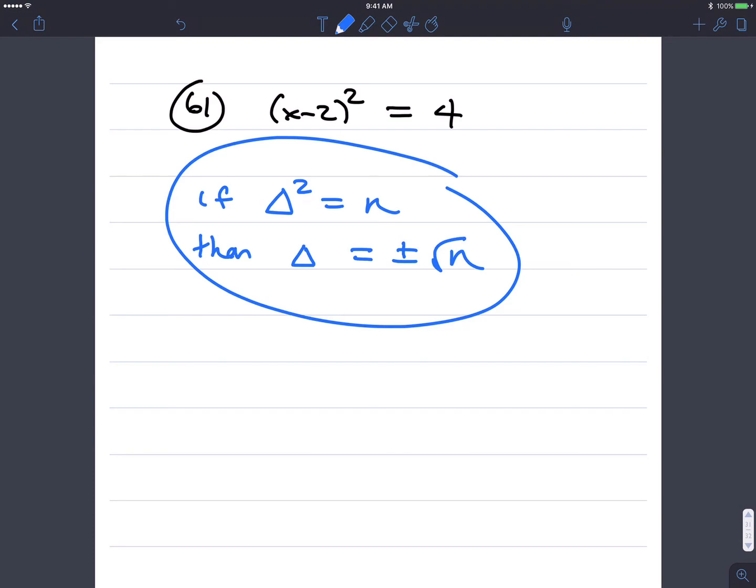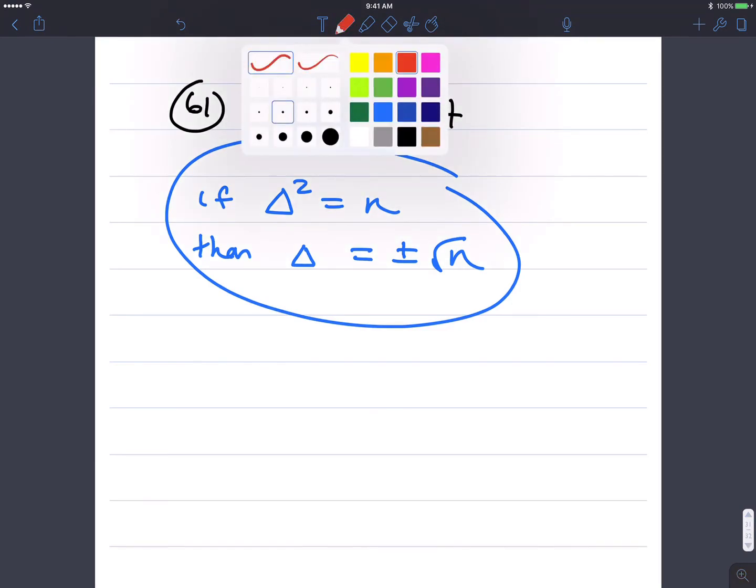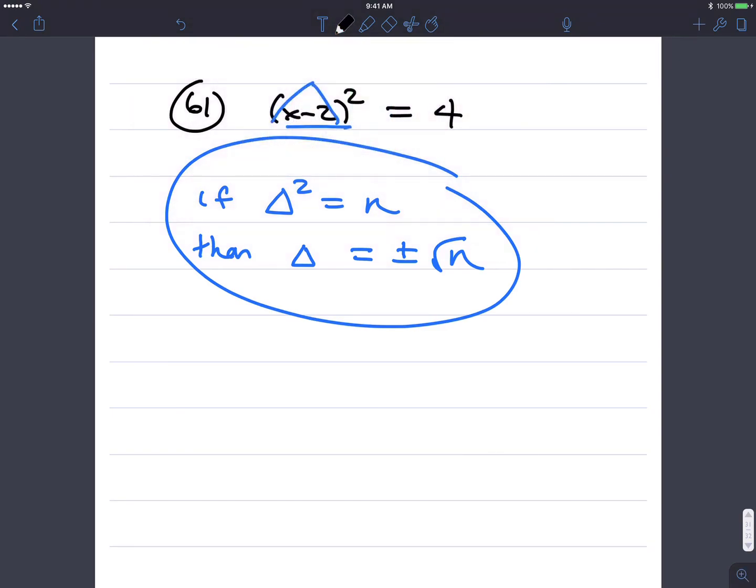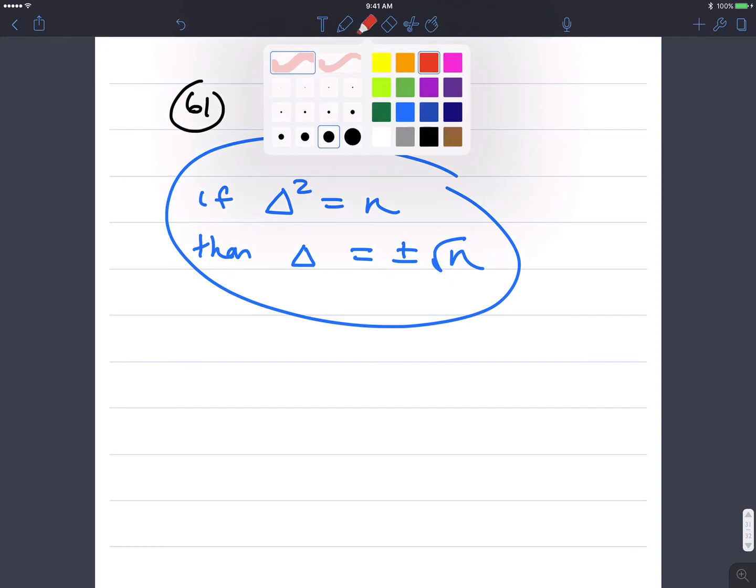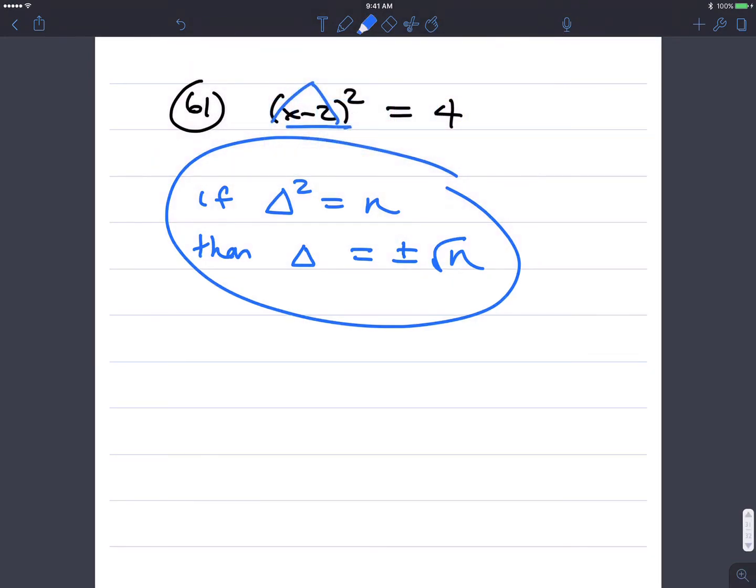The reason I give it this way is because we have something in our triangle. If you notice here, I have an x minus 2 in that triangle. So by this square root principle, I can say my triangle is plus or minus the square root of 4.